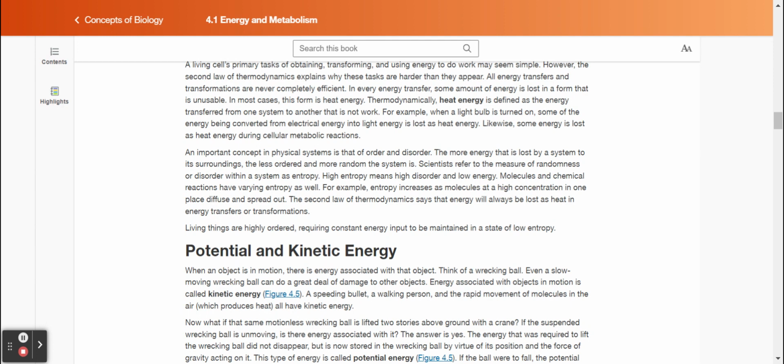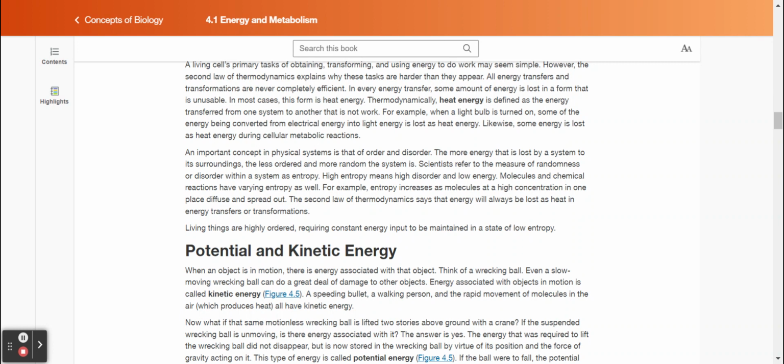An important concept in physical systems is that of order and disorder. The more energy that is lost by a system to its surroundings, the less ordered and more random the system is. Scientists refer to the measure of randomness or disorder within a system as entropy. High entropy means high disorder and low energy. Molecules and chemical reactions have varying entropy as well.